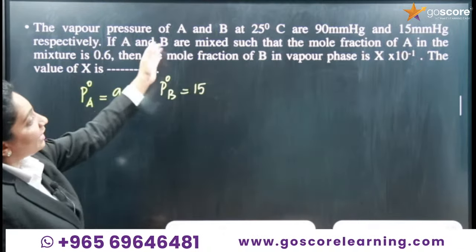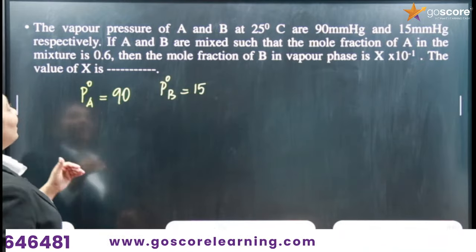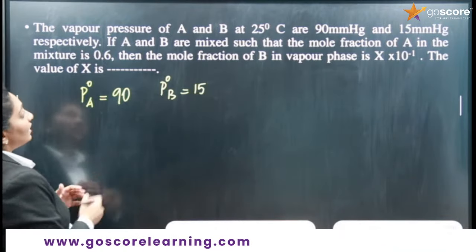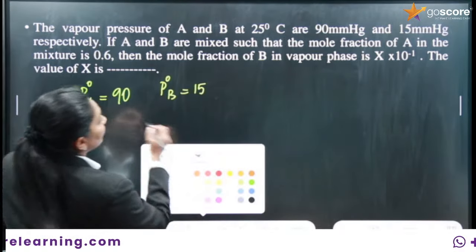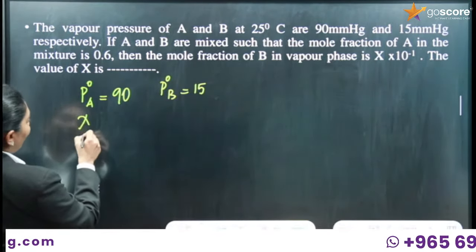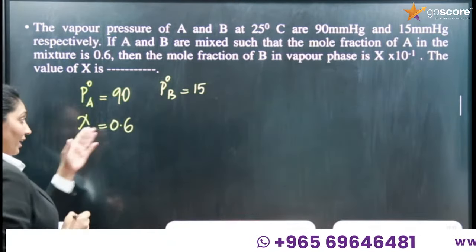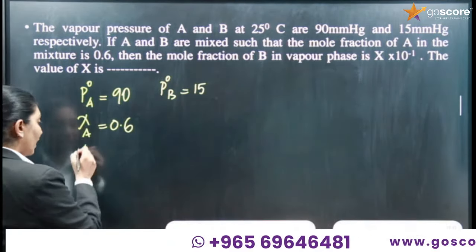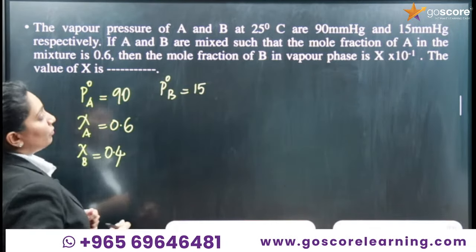If A and B are mixed such that the mole fraction of A in the mixture is 0.6, chi A is 0.6. If chi A is 0.6, what is the value of chi B? It is 1 minus 0.6, that is 0.4.